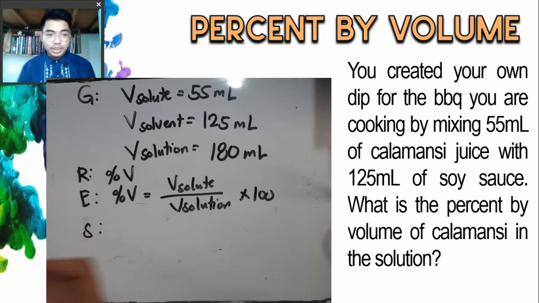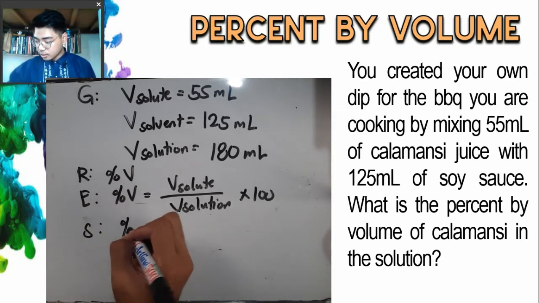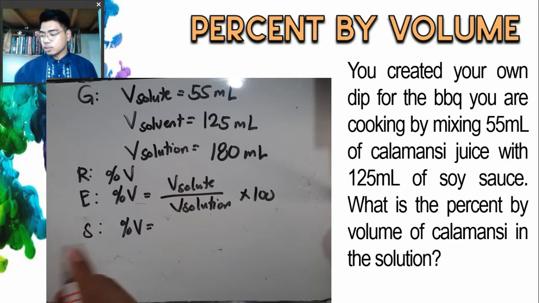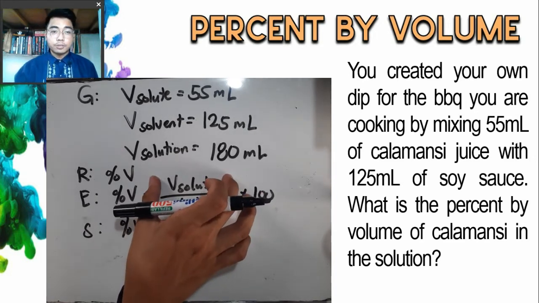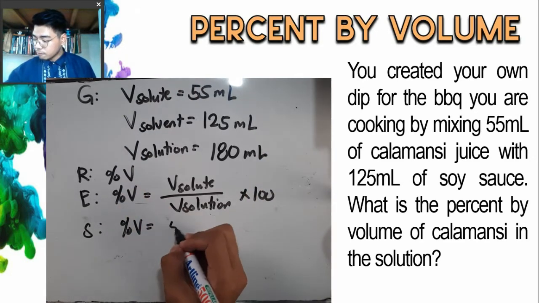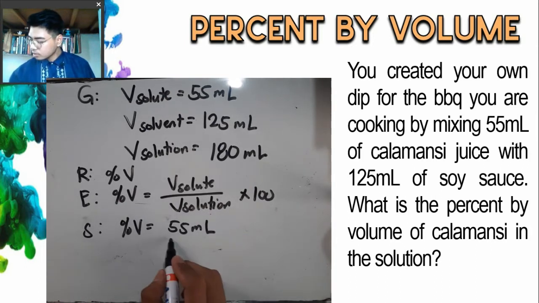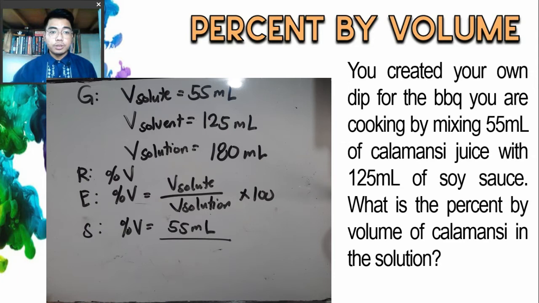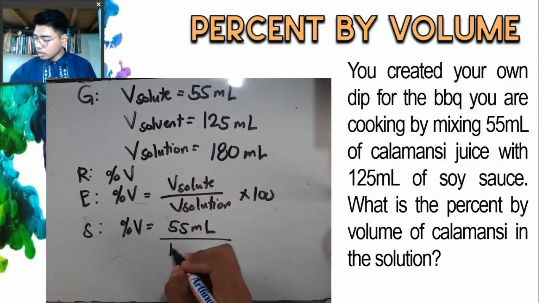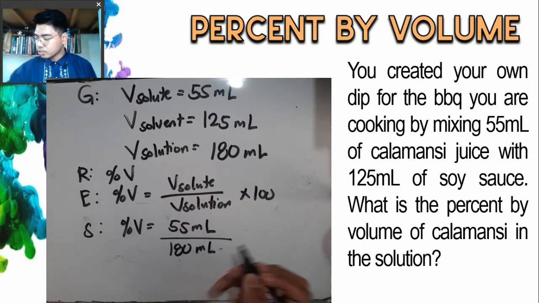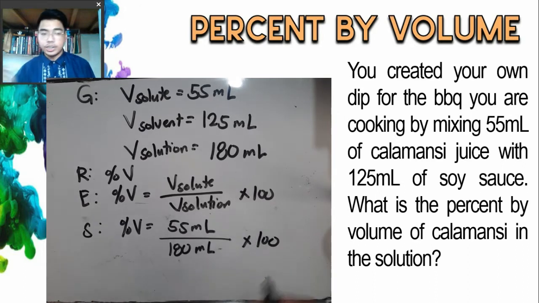Then for the solution, percent by volume is equivalent to the volume of the solute, which is 55 milliliters, over the volume of the solution, which is 180 milliliters, times 100.